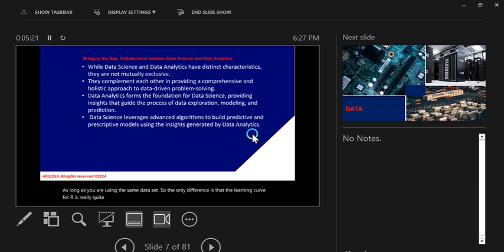For instance, in Python, I can just write one line of instructions and get whatever I want, while the same in R you write up to five. That's the only difference between the two. But in terms of whatever you want to achieve using either R or Python, it will be the same as long as you are using the same data set. Mike, is that okay?